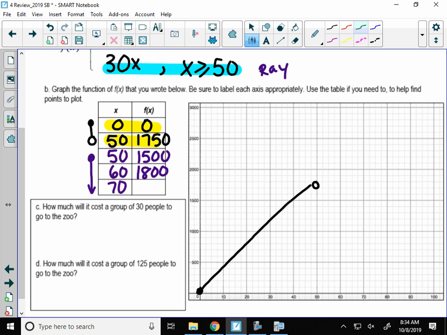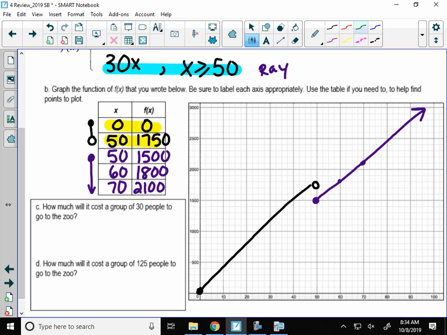And then 30 times 70 is 2,100. Those are nice points to graph. So I'll put a closed dot at 50, 1,500, a dot at 60, 1,800, and 70, 2,100. That should be good enough to connect and make my ray. So there's your piecewise graph.